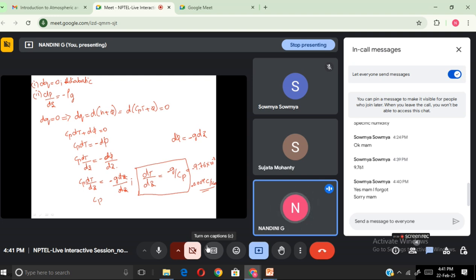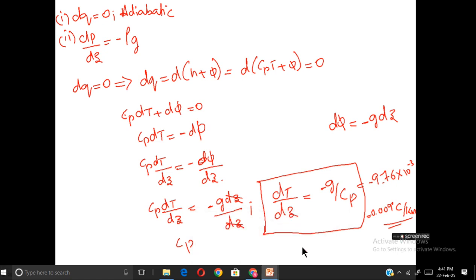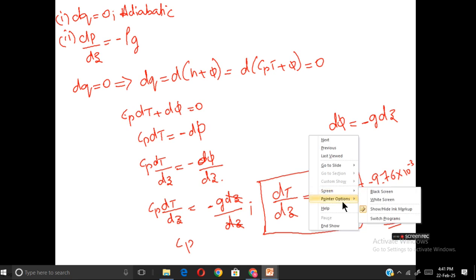It is into 10 raised to minus 3 that is coming. So it is 0.00098 Kelvin per meter, and in kilometer, it is 9.8 Kelvin per kilometer.